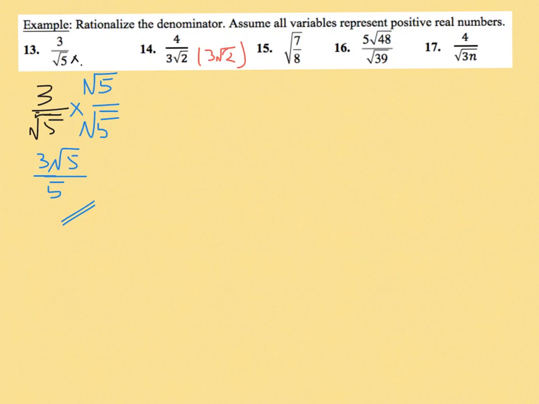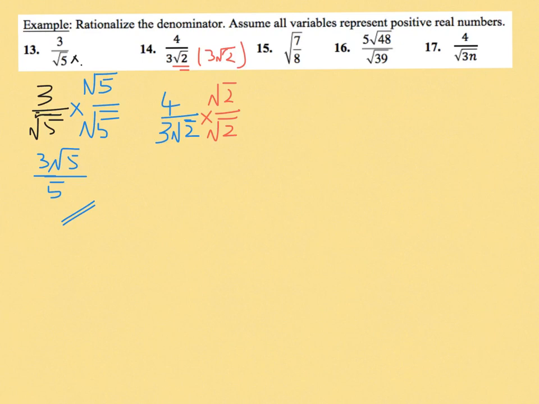So all you have to do is to think about the radical term that you can multiply by our radical term here, so that you can rationalize the denominator. So I'll end up with, so you can do 4 over 3 root 2, and all you have to do here is to multiply by square root 2 over square root 2.